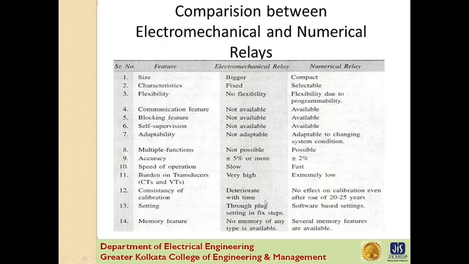Consistency of calibration: in electromechanical relay, the calibration deteriorates with time. But in case of numerical relay, there is no effect on calibration even after use of 20 to 25 years. Setting: plug setting in fixed steps is available in electromechanical relay, and software based settings are available for numerical relay.